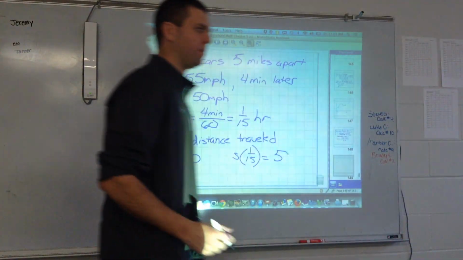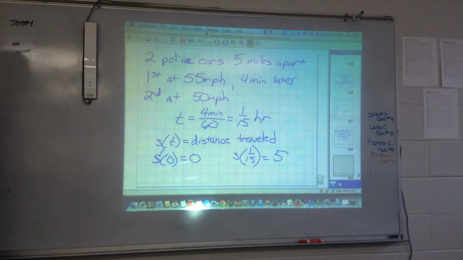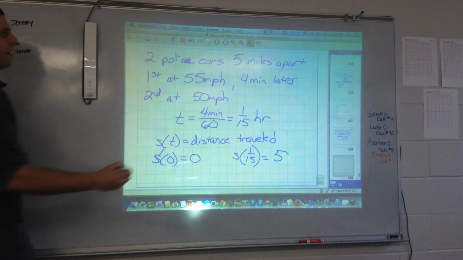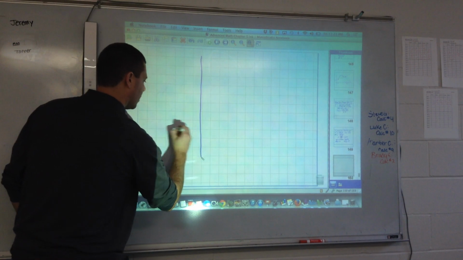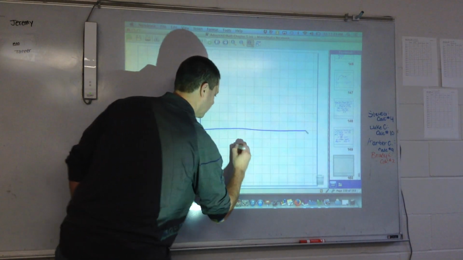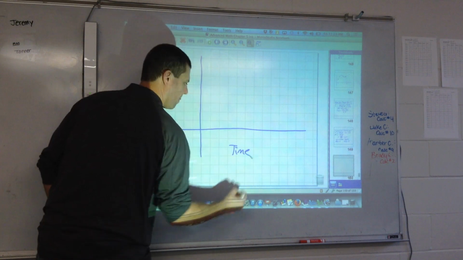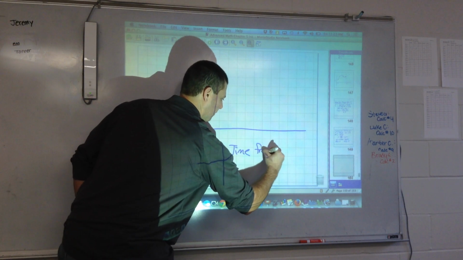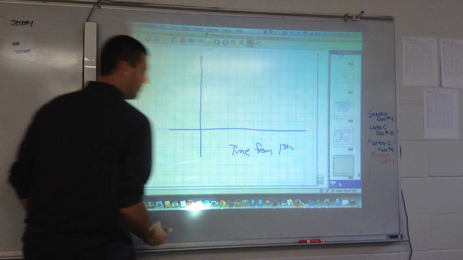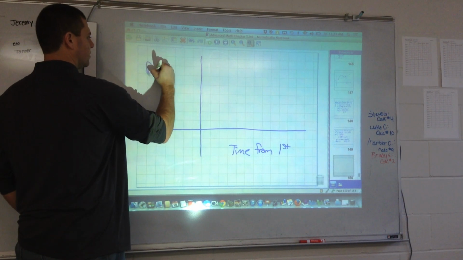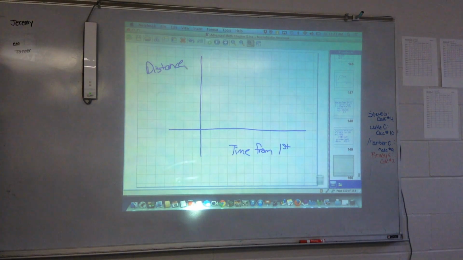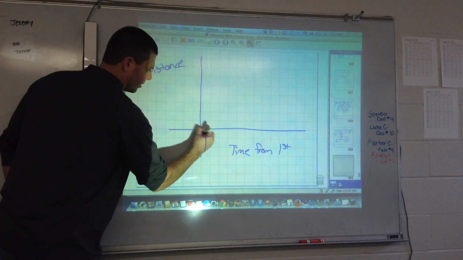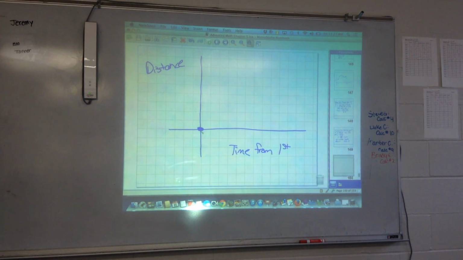Graphically, I'll give you a little bit of a picture here. So this is time from the first patrol car, and this is distance. Obviously, when he passes the first patrol car, he hasn't traveled any distance from the first patrol car.